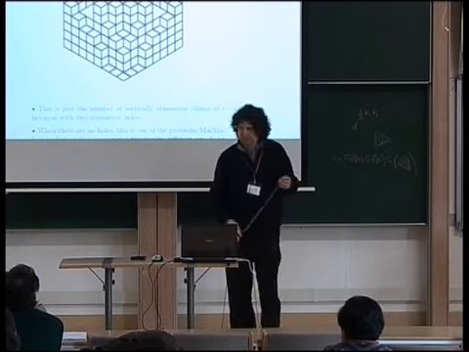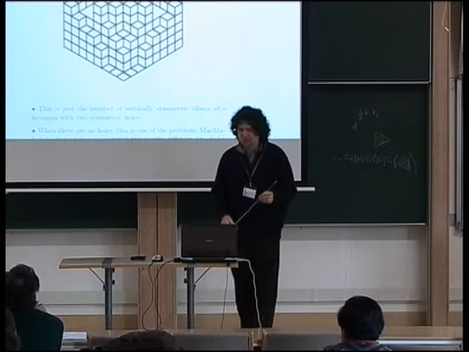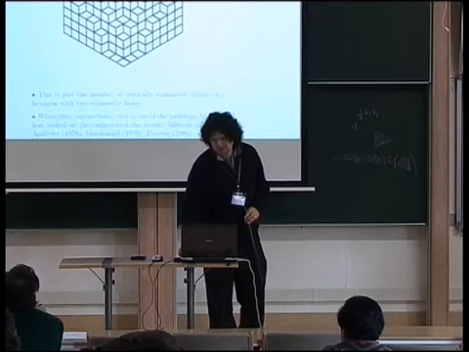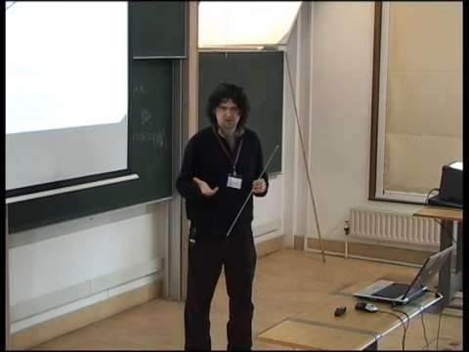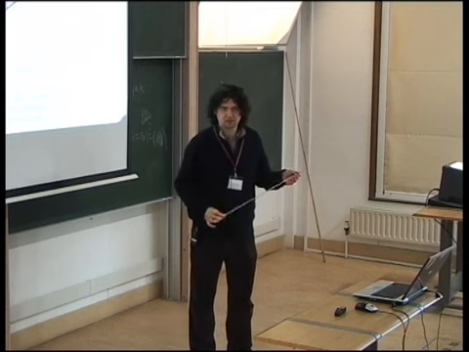So this is indeed a very valid point, but it seems to be hard to compute this number. So if you have no holes, and you just take a complete hexagon, and you want the number of lozenge tilings which are vertically symmetric, this was a non-trivial problem. McMahon thought a lot about this, and he conjectured the result.